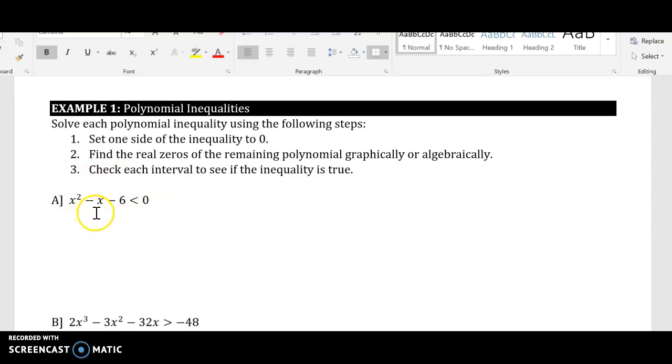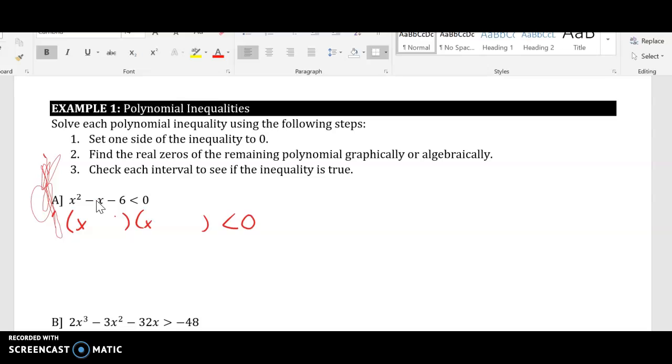So let's try to factor this. Set up our two parentheses. What multiplies to x squared? x and x. What multiplies to 6? 6 and 1, 2 and 3.